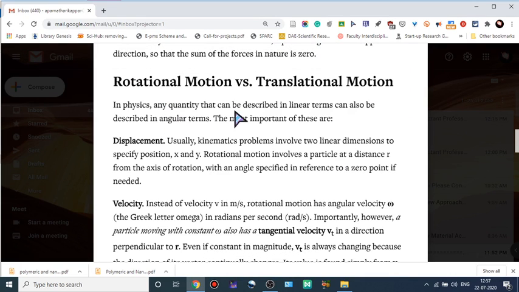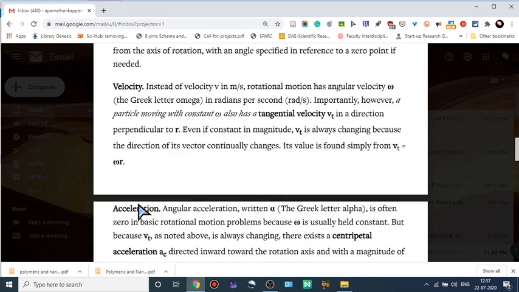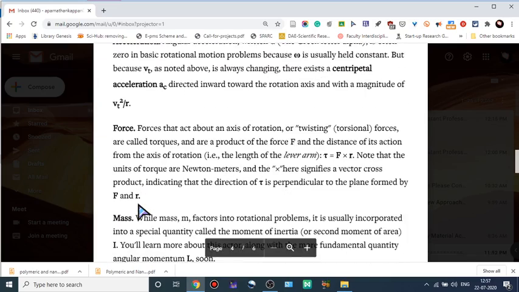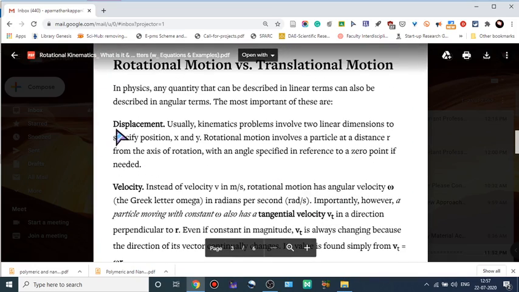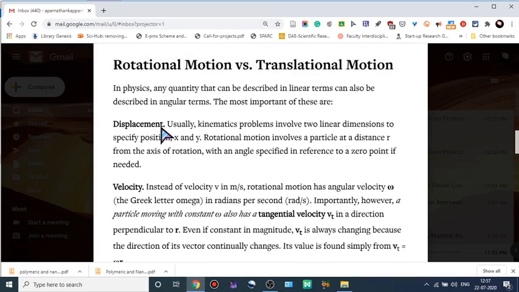In physics, any quantity that can be described in linear terms can also be described in angular terms. The most important of these are displacement, velocity, acceleration, force, and mass. In rotational motion, we replace displacement by angular displacement, because rotational motion involves a particle at a particular distance r from the axis of rotation.